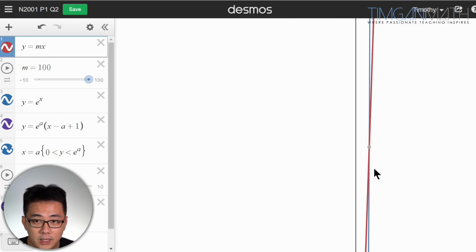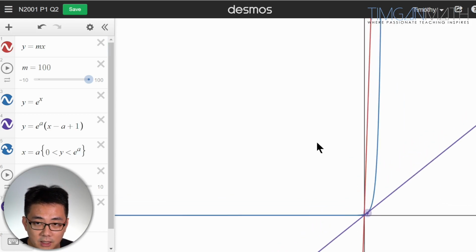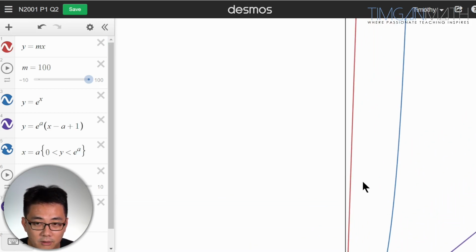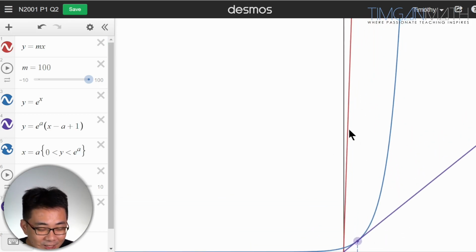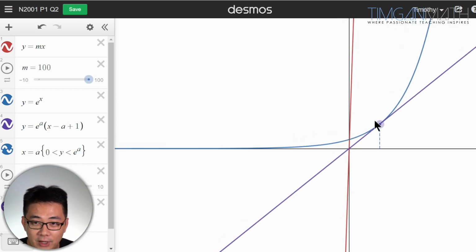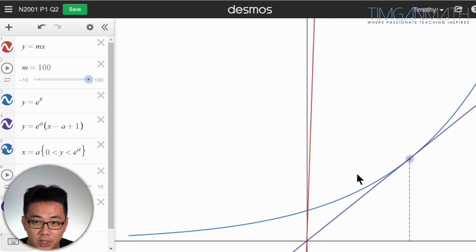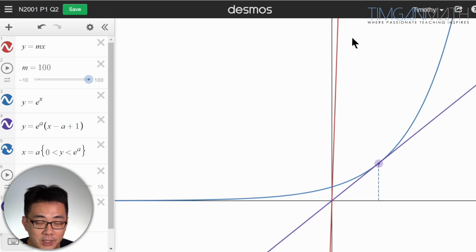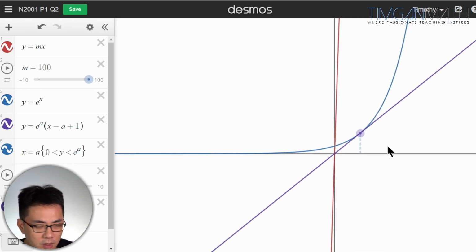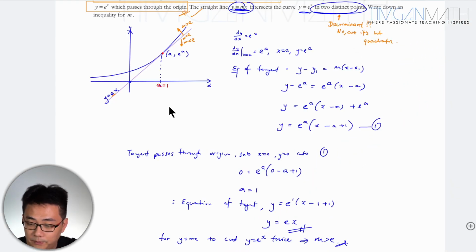The linear graph is not growing at as fast a pace as the exponential graph. No matter what value you give me, I can be sure that the exponential graph will catch up with the linear graph. Is that okay?